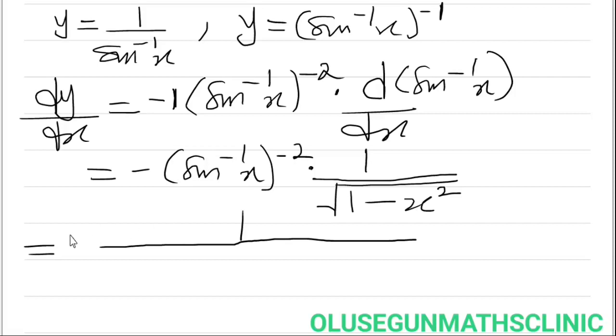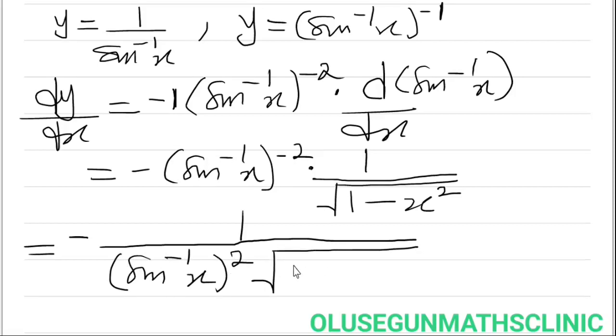You just put minus here, with arc sine x squared and the square root of 1 minus x squared in the denominator. So you don't need to waste much of your time. This is how we solve it.